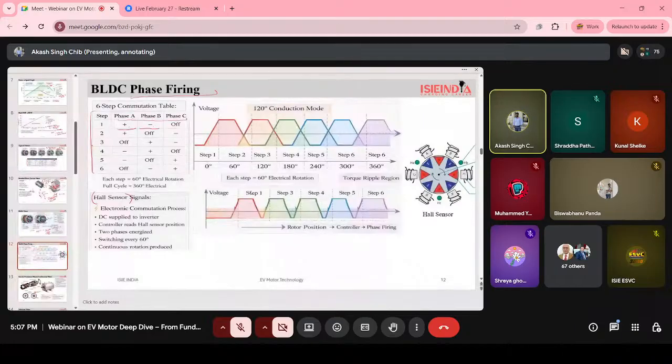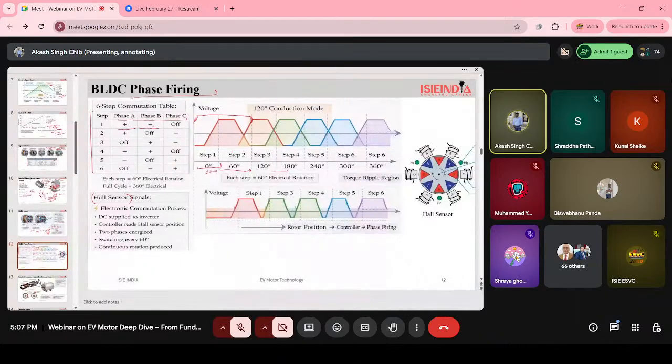Each step is about 60 degrees: the first step is 0 to 60 degrees, the second step is 60 to 120 degrees, then 120 to 180. And the conduction mode is about 120 degrees. So in each conduction mode, we are doing 2 steps.